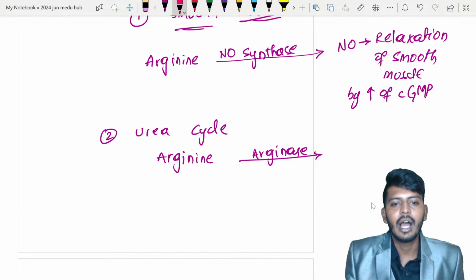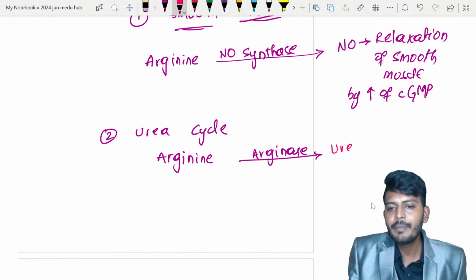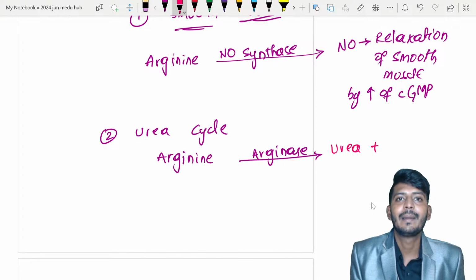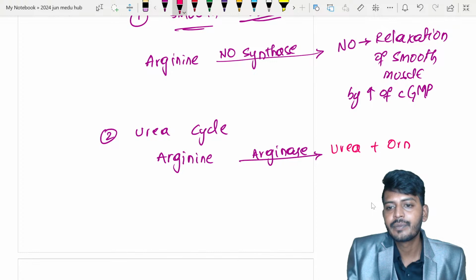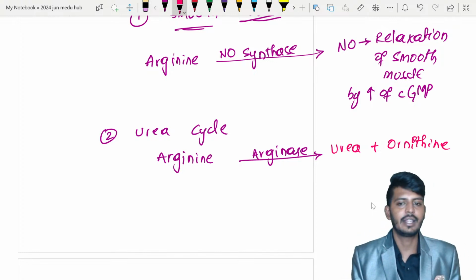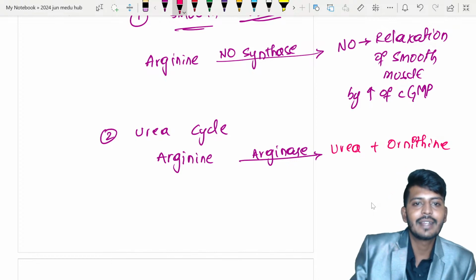Arginase will convert arginine into urea plus what else? Ornithine, not citrulline, ornithine. So this is the story of your urea cycle.